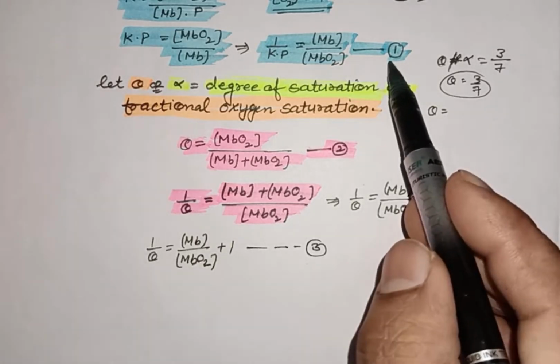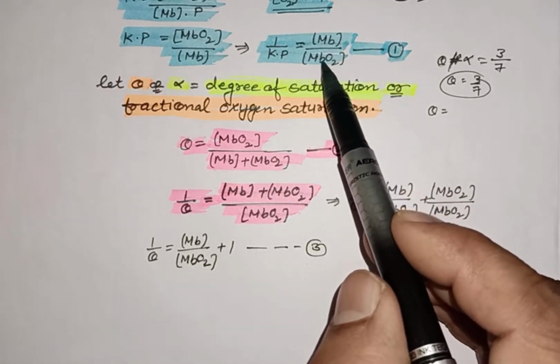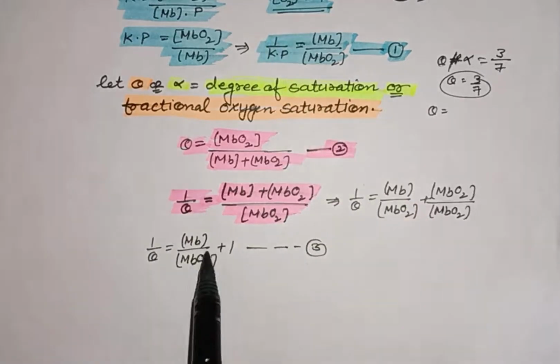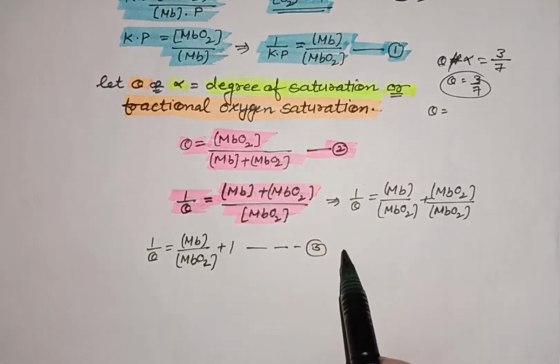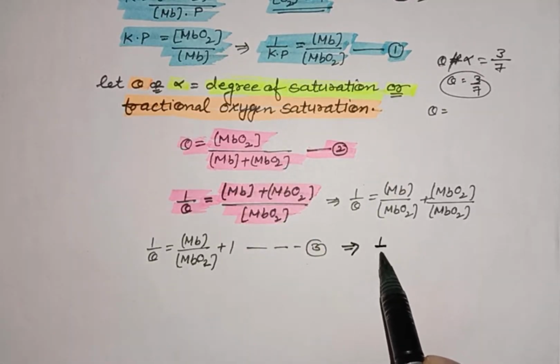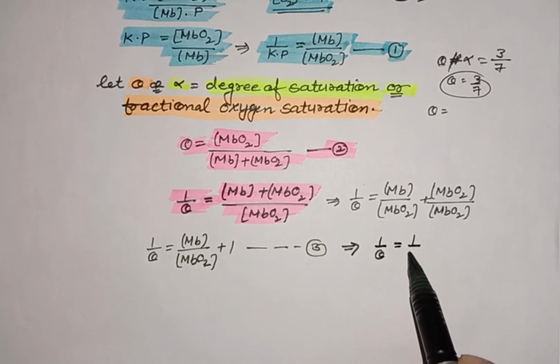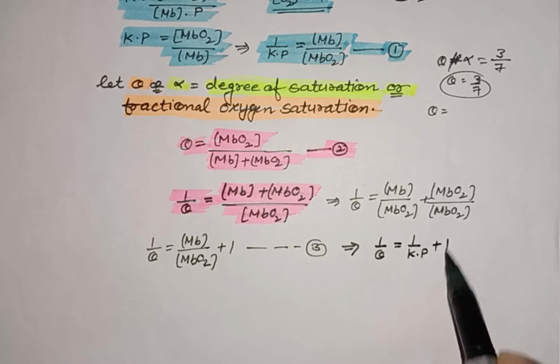From equation number 1, we can put the value of Mb divided by MbO2 as 1 upon KP. So equation 3 now becomes 1 upon theta equal to 1 upon K dot P plus 1.